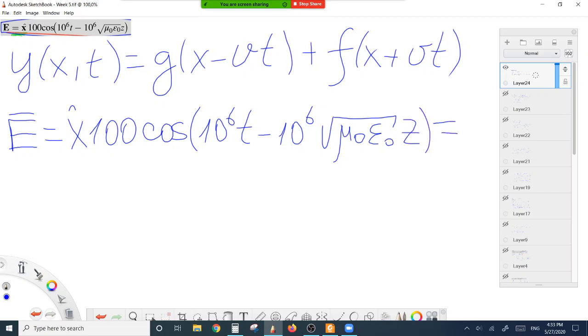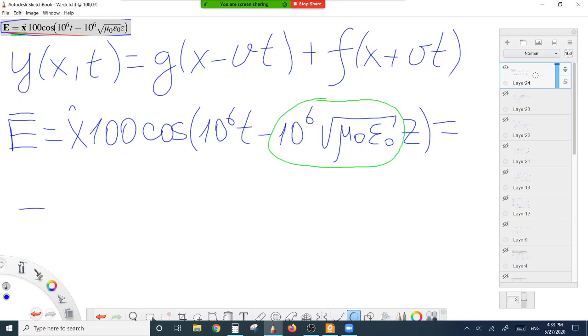Now, in the cosine, we may take this term and put it out of the bracket.